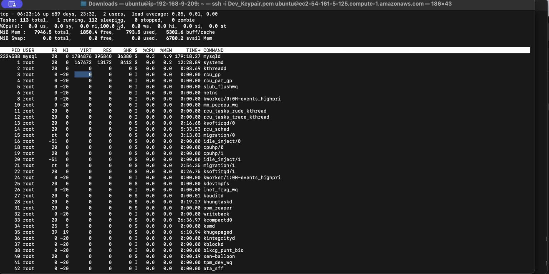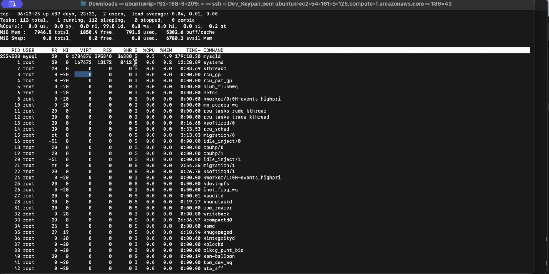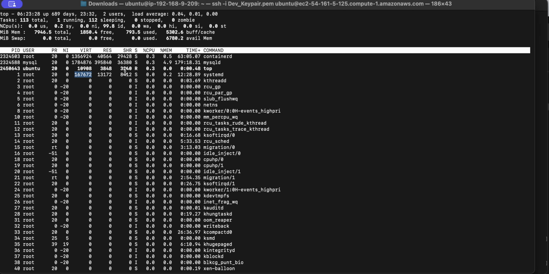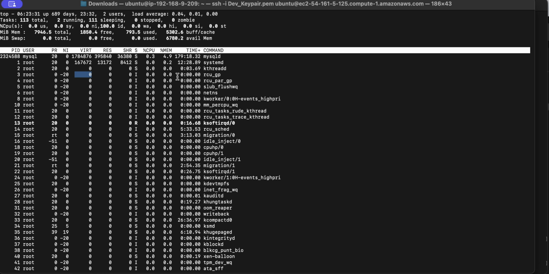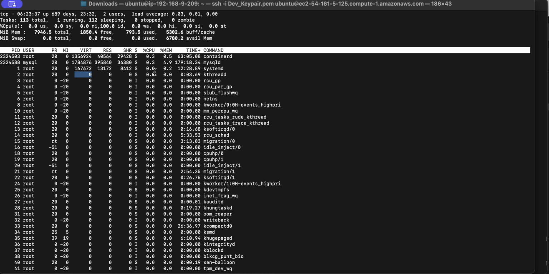You can ignore this RES. Now SHR, this is the shared memory which could be shared with other processes. So this much memory we can say is in buffer and can get shared with other processes if needed.